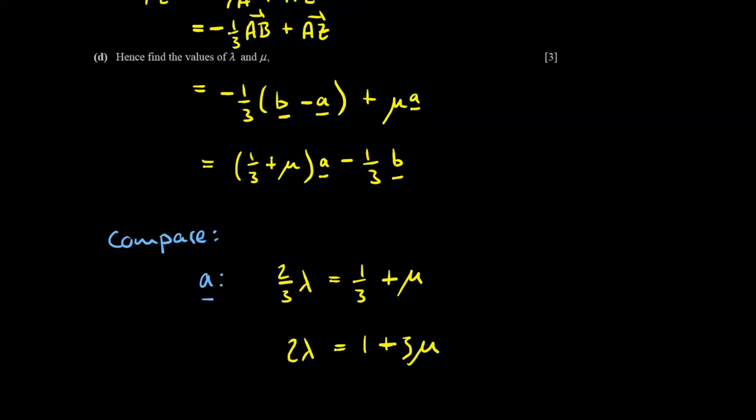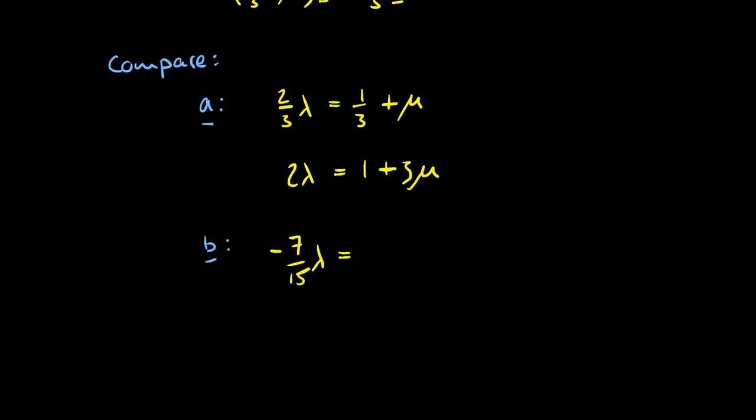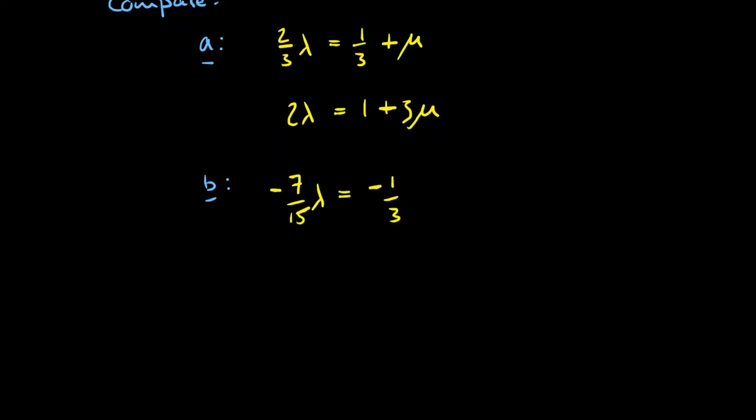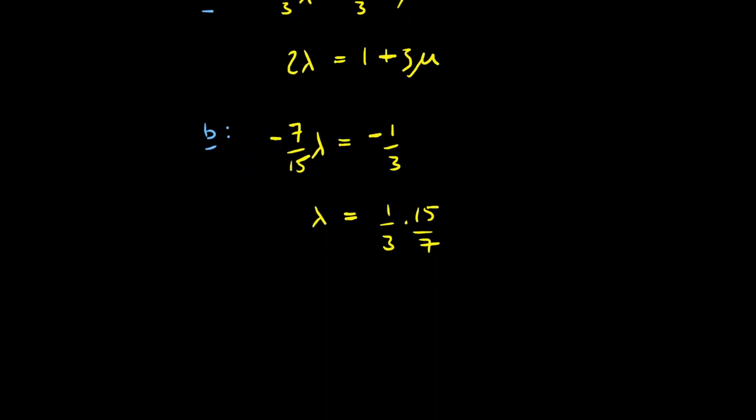We've got negative 1/3. Right, so I can write that out as negative 1/3. Well, I think I can just straight away multiply, can't I? So lambda is going to equal 1/3 times 15 upon 7, because the negatives cancel out. 15 divided by 3 is 5. So we're going to end up there with 5/7 is lambda.